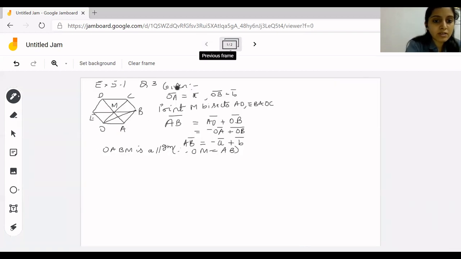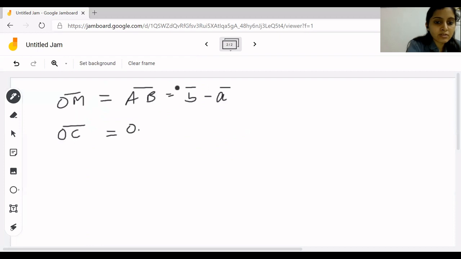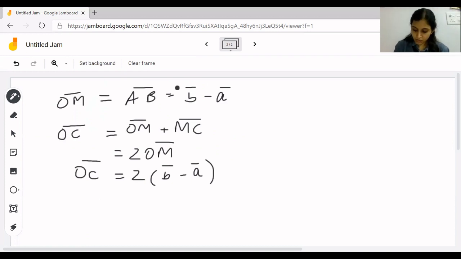OC bar is OM plus MC. So OC bar is OM bar plus MC bar, which is 2 times OM bar, which is 2 times B bar minus A bar. This is OC bar. So we have already got the vector OC.